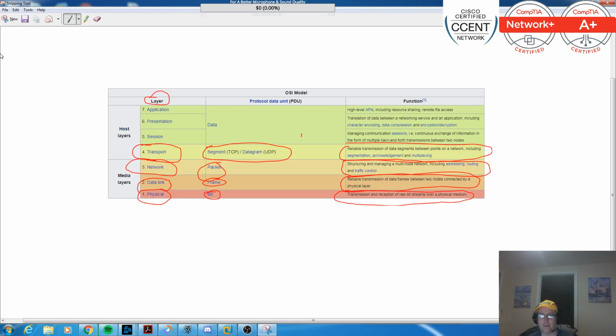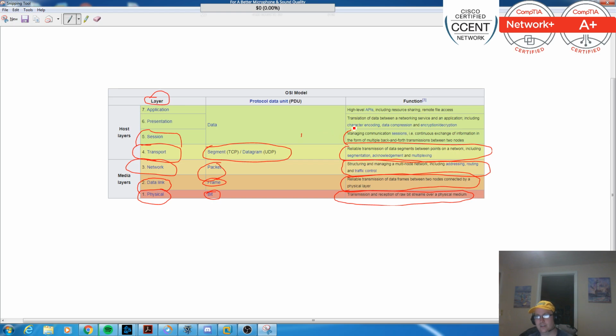So the next three up here, 5, 6, and 7, is the host layer, or the very top layer of this. Do you need to know them? Yes, you do. Will you use a lot of them or see a lot on it? No, you won't. So we got session. Of course, the protocol and data unit is data, obviously.